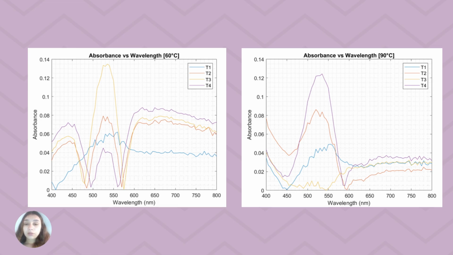And for the graph of 90 Celsius degrees, we can see that for the times of 4 minutes, 2 minutes, and 1 minute, the maximum absorbance was also between 500 and 550 nanometers of wavelength, and for the time of 3 minutes was between 700 and 750 nanometers of wavelength.